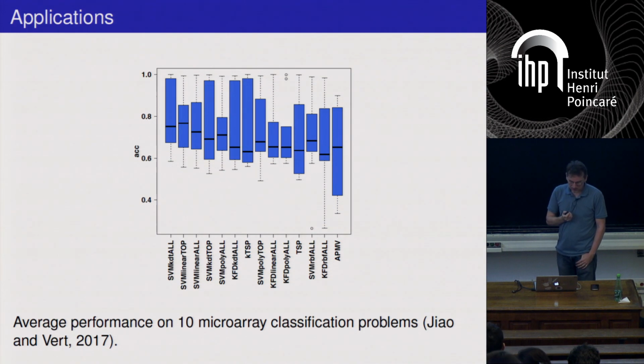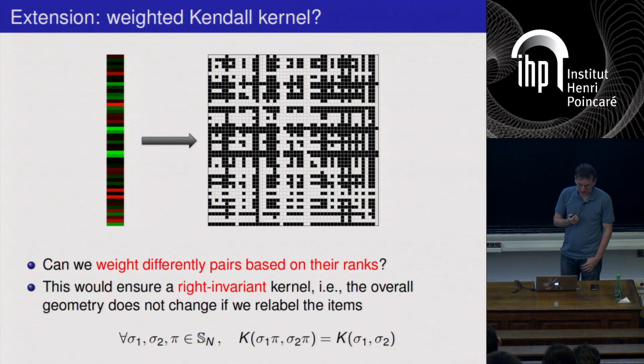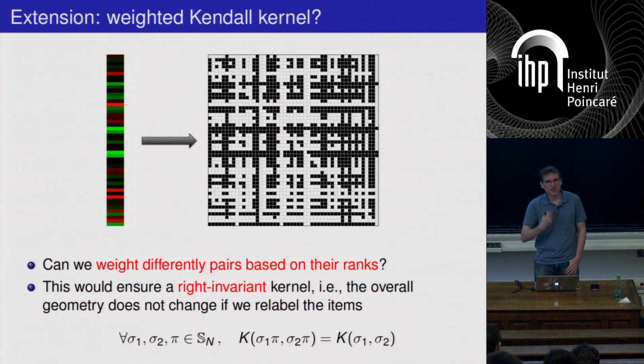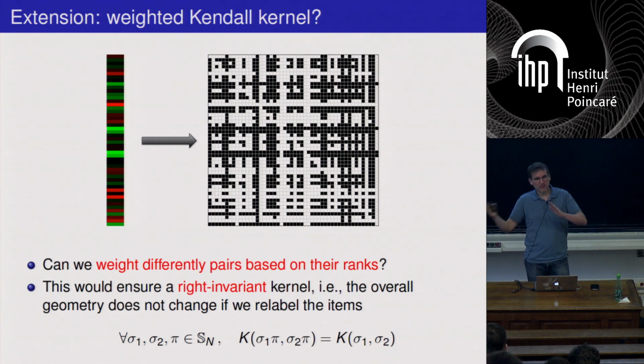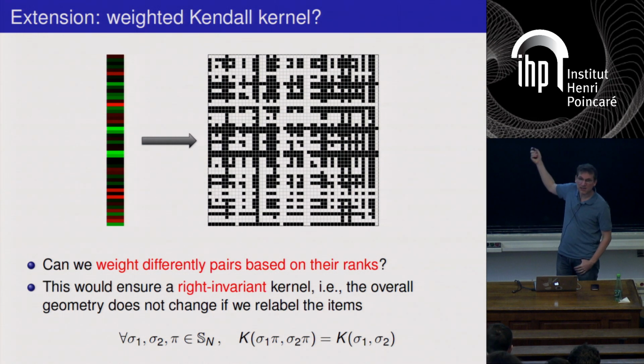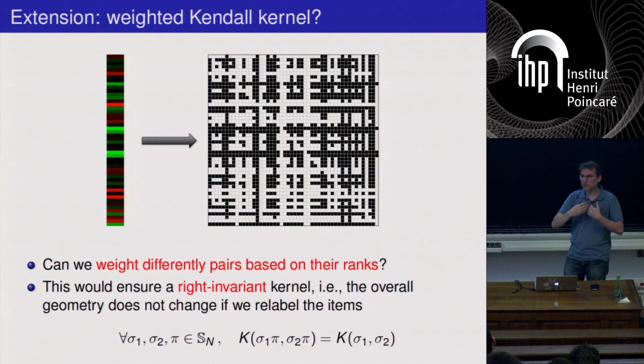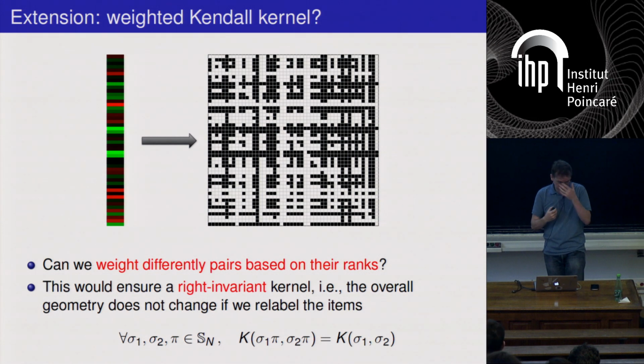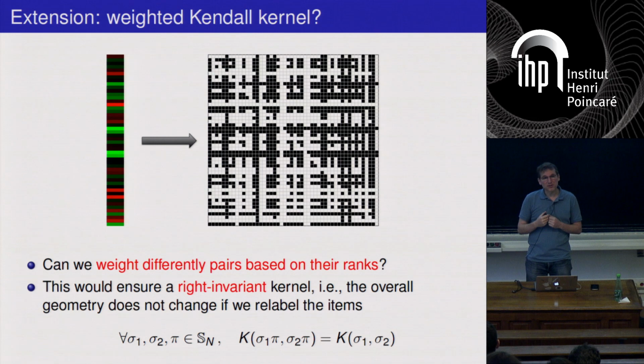Okay, so given the time, I don't have much detail, but just mention that you can extend this in two directions. I said that here we created this matrix embedding, and we observed that in the feature space, magically or not, the inner product is something that people working on permutations use every day, the Kendall correlation. So an extension that could be interesting, and this is something that people using permutations work on, is can you make a weighted Kendall correlation?